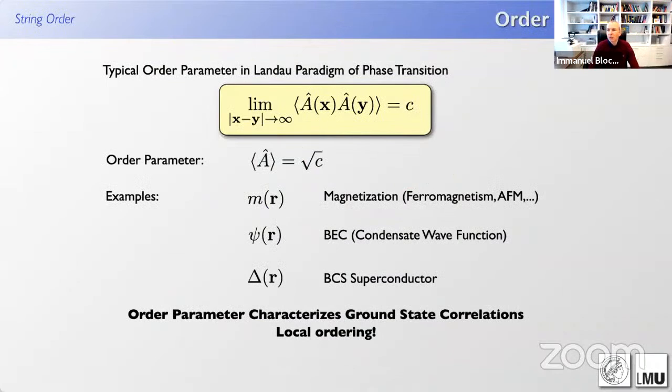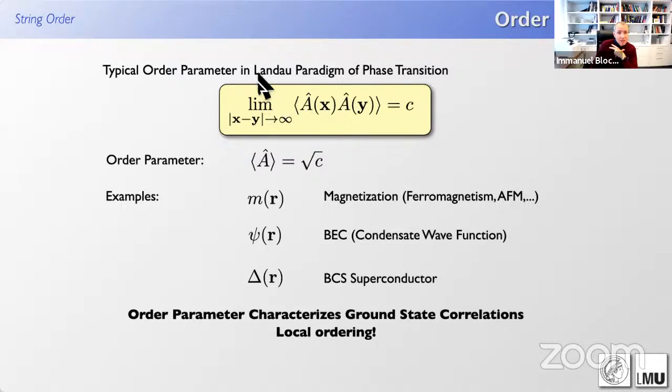So let me put this into context in the remaining 10 minutes now, how this connects to the order parameters and phases of matter that you might know so far. I think you probably have been taught in your condensed matter or statistical physics courses that we have different order parameters for phases of matter.